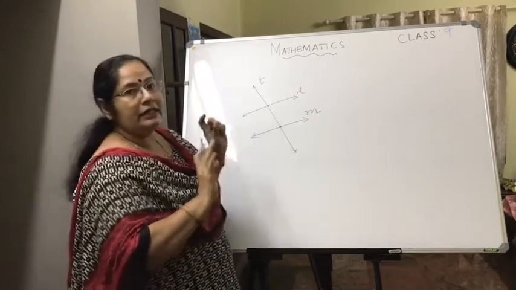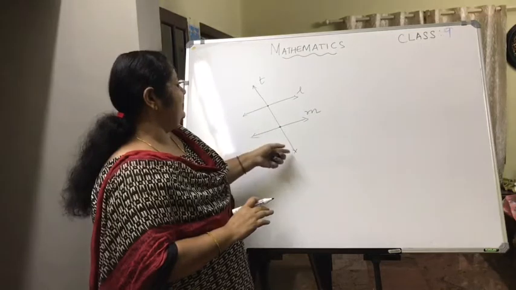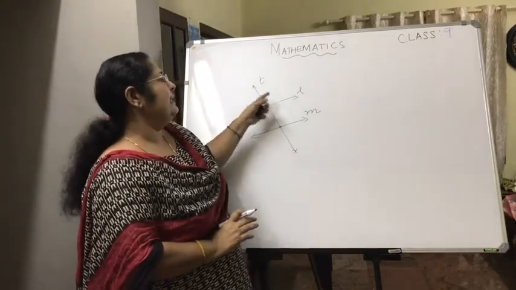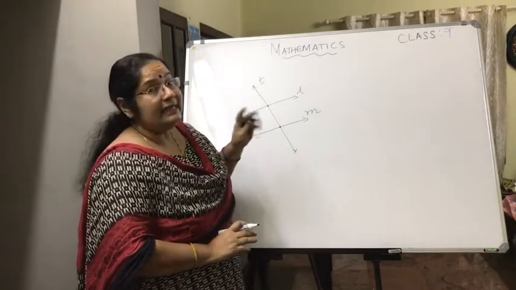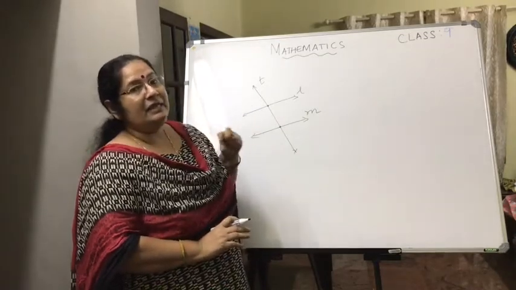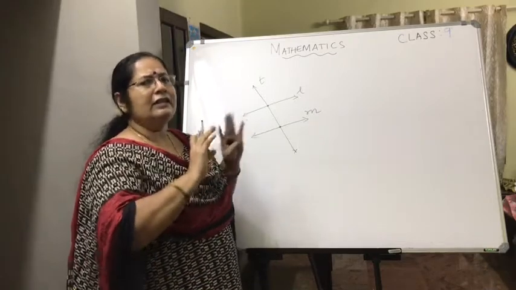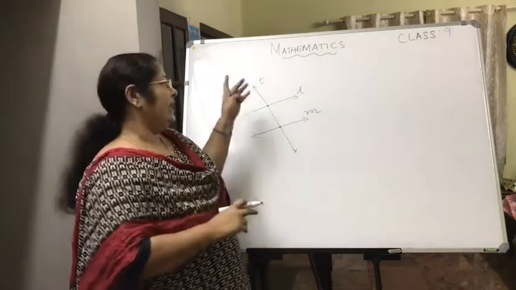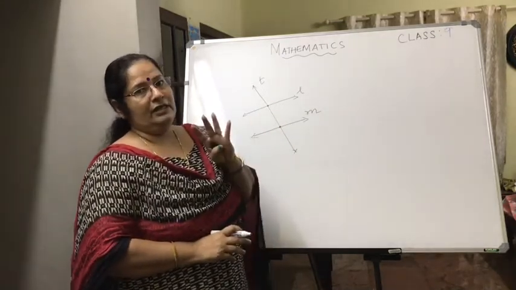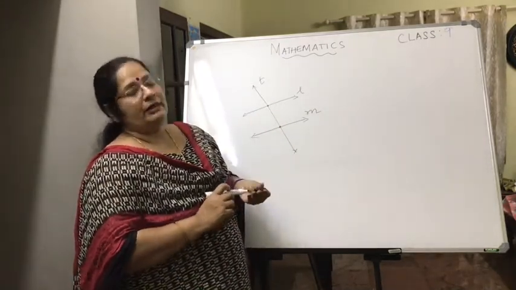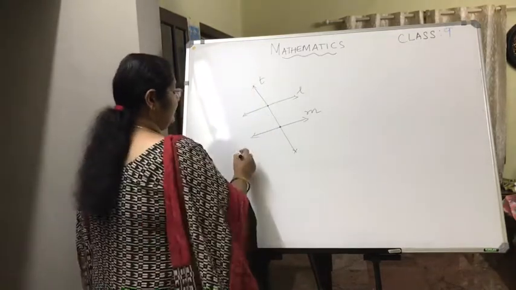Both these points are not the same. So this line T, which is intersecting two or more lines, any number of lines can be there, at distinct, that means separate, individual points. That's not the same for all lines. This line T is not intersecting L and M at the same point, but at distinct points. Then such a line we call a transversal.